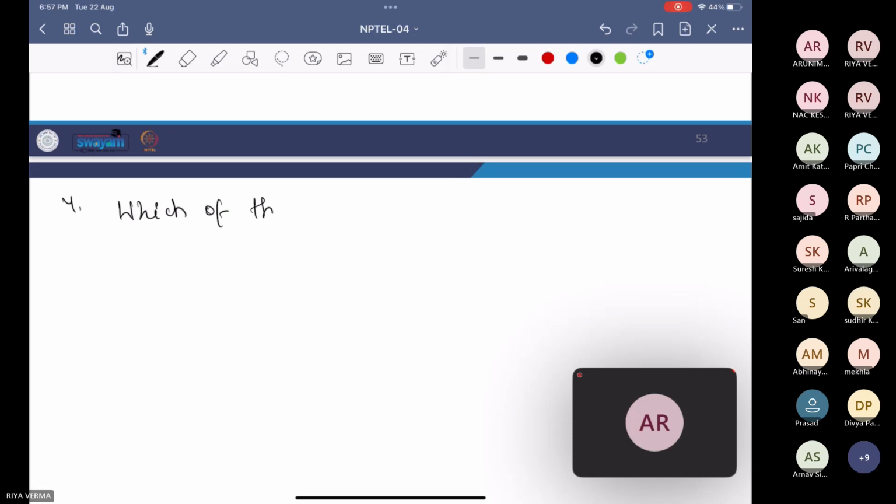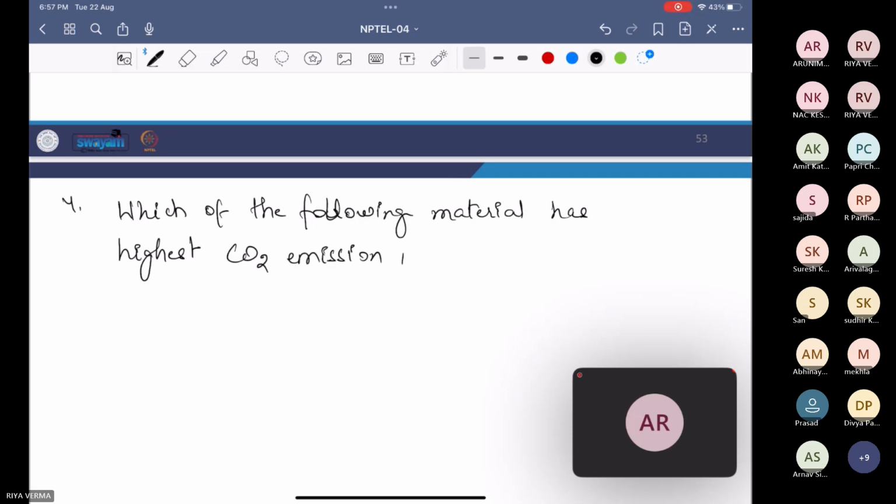Which of the following materials has the highest CO2 emission in its production?